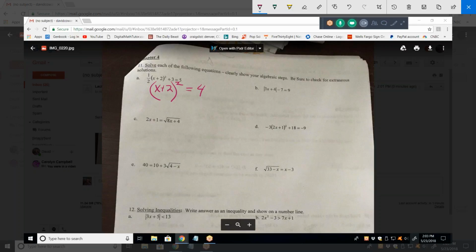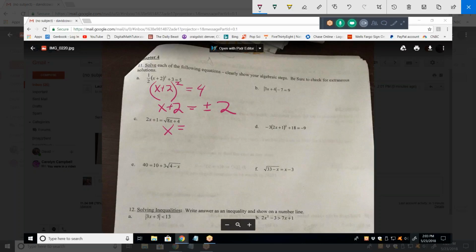Square root both sides. So what's the next line? X plus 2 is equal to plus minus 2. Good. And what's the solution? X is equal to 4.